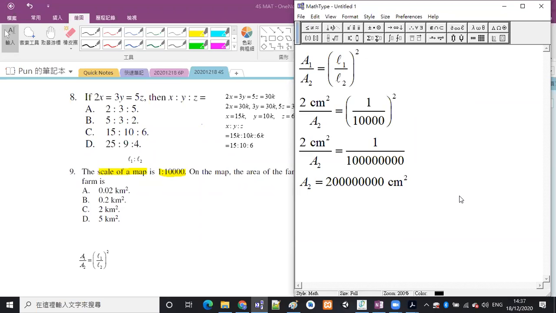So now I would like to change the unit from cm square to be km square. How to change the unit?